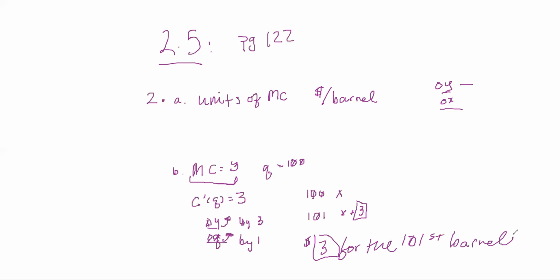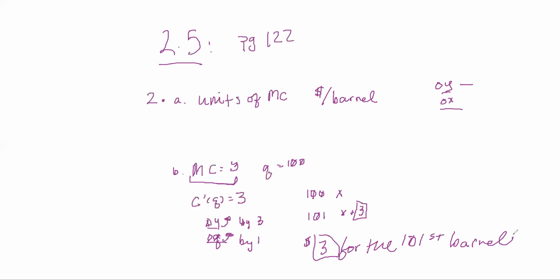Q a lot of the time, especially in this context, just means quantity. So it's the quantity of barrels that you're generating or selling, and they're going to use Q a lot as the independent variable in this type of problem.